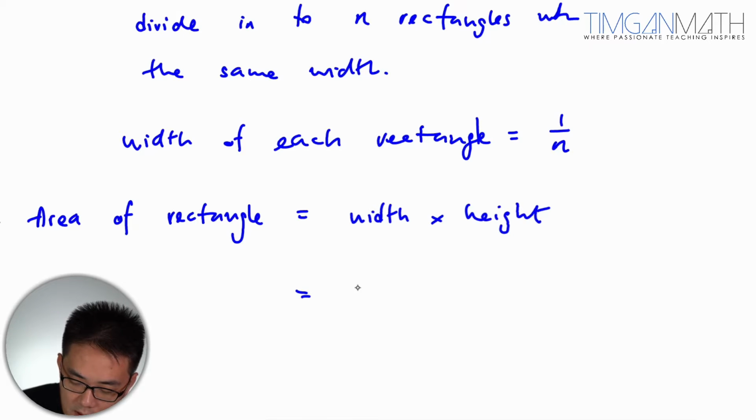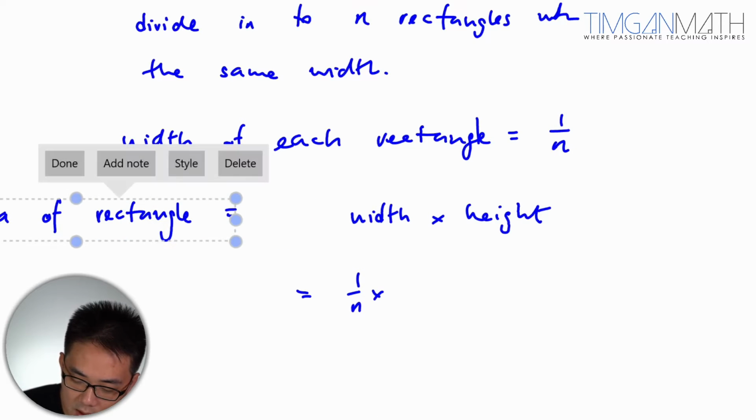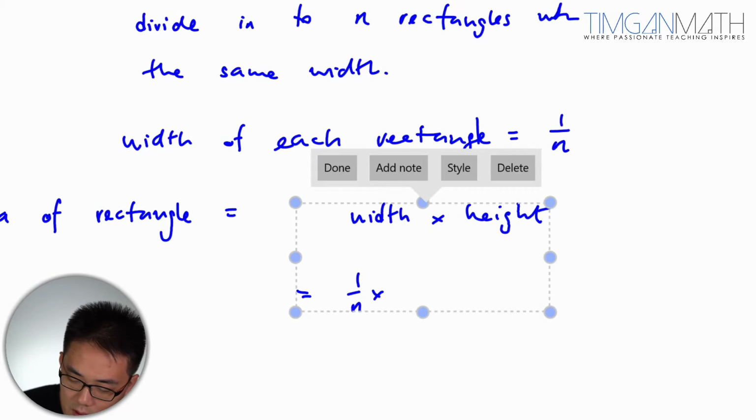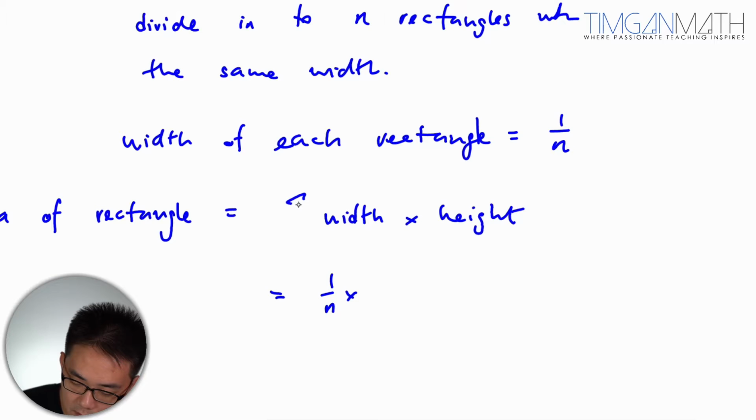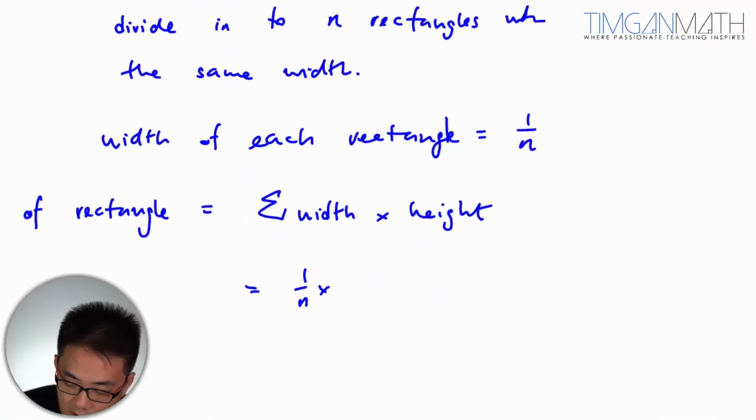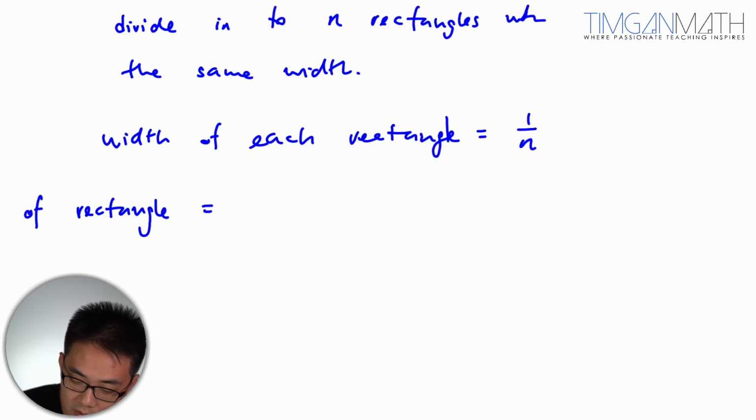The height here is f of 1 over n. You could write this with a summation if you want to, but we don't put it. So it's just width times height: 1 over n times f of 1 over n for the first rectangle.